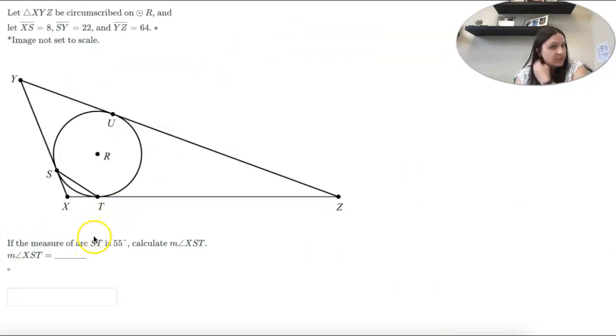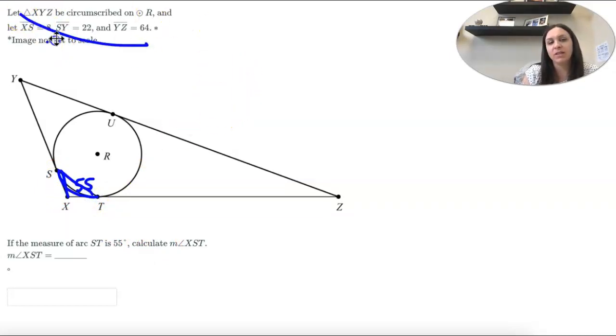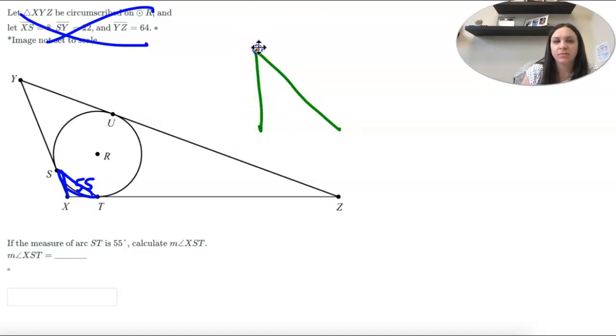So let's see. If the measure of arc ST is 55, calculate the measure of XST. Okay, so did you notice I ignored all of this? I knew I didn't need it because I was finding an angle. So what we have is an angle and then an arc length that starts at that point and then goes this way from a circle.